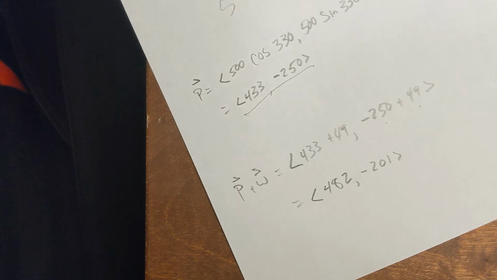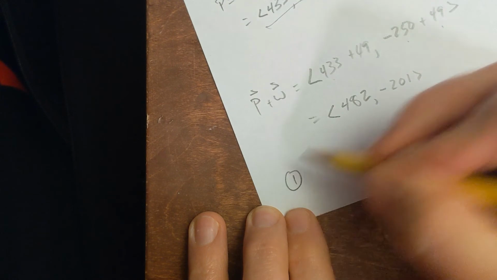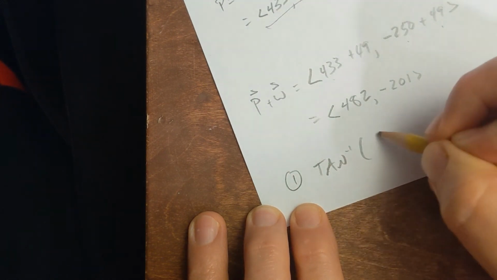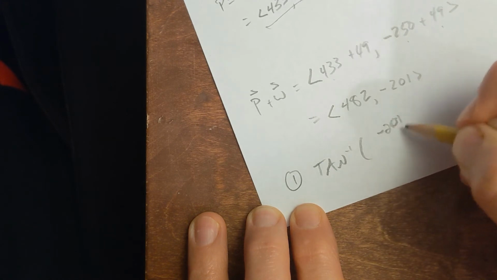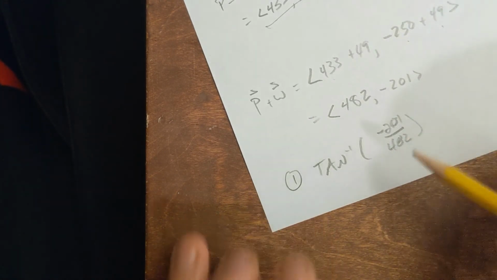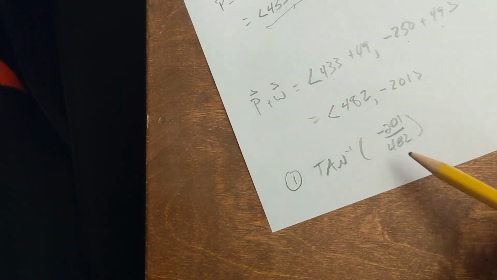Now what I want to figure out is the direction in which the plane is truly flying, as well as the true speed of the plane, taking into consideration the wind. So there are just two steps for this. First, I'm going to do my inverse tangent of negative 201 over 482. Right away I know that this is going to give me a negative answer.